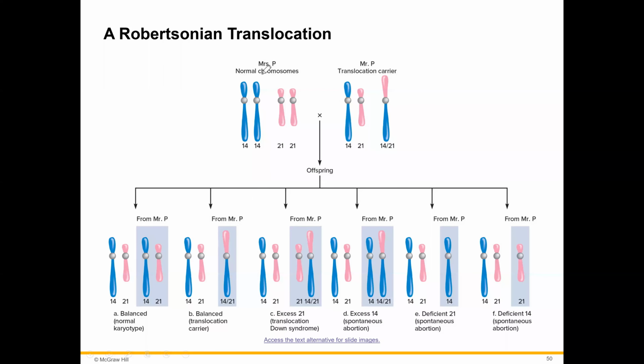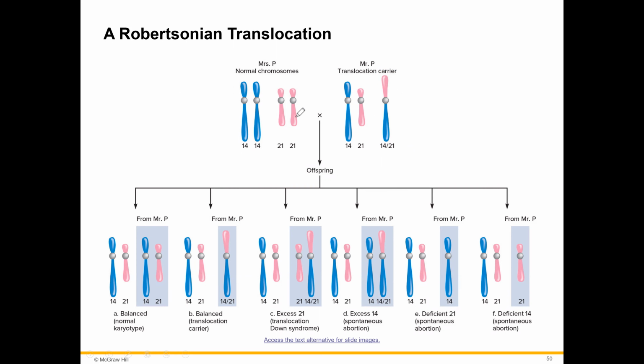Here we have a mother, and as with any person, remember we have a pair of each chromosome. So she has two chromosomes 14 and two chromosomes 21. But now look at the father. The father has one normal chromosome 14, one normal chromosome 21, and one chromosome that actually combines two parts of chromosomes 14 and 21.